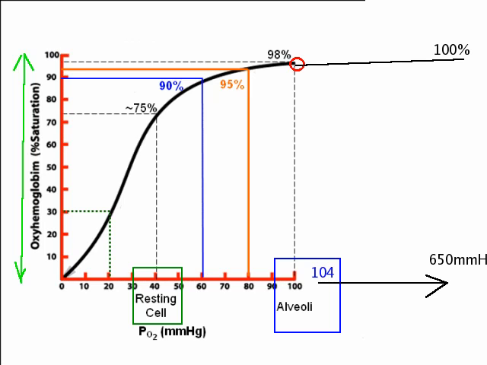You would have to increase the pressure 6.5 times greater than the normal alveolar pressure in order to get a 2% increase in oxygen saturation. It won't happen. Your alveoli would rupture, burst, and explode if we ever did that to them. And so really, we say that you are at 100%, quote unquote, when you are at 104 alveolar partial pressure, even though it's only 98%.